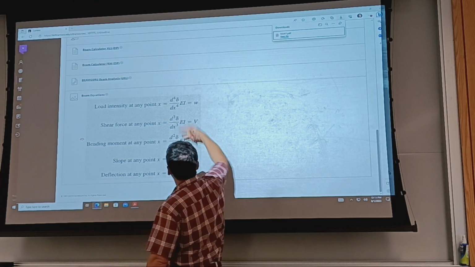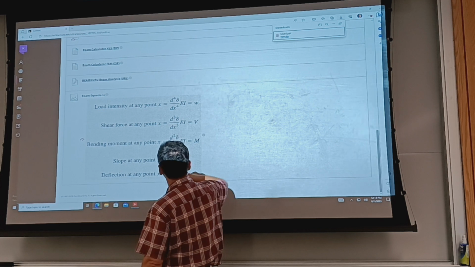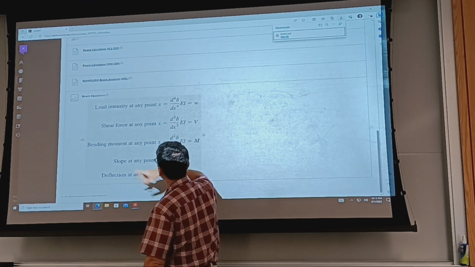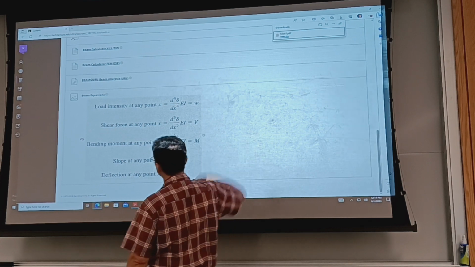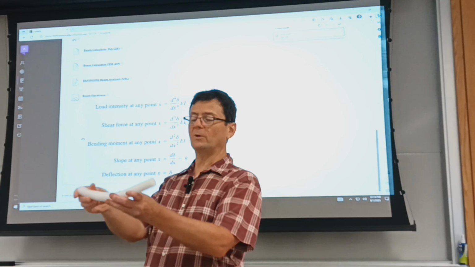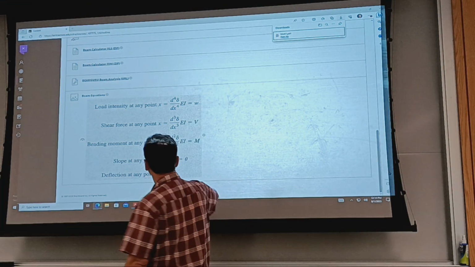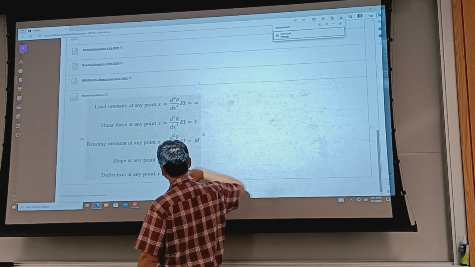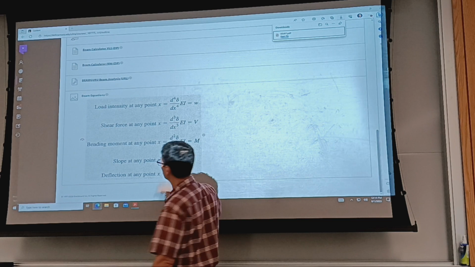And then bending moment, the second derivative of this deflection, and slope at any point on the centroidal line, the neutral axis of the beam. Again, points connecting the centroids along the beam are measured from the straight undeflected position. That's the deflection, and then the slope will be the derivative.